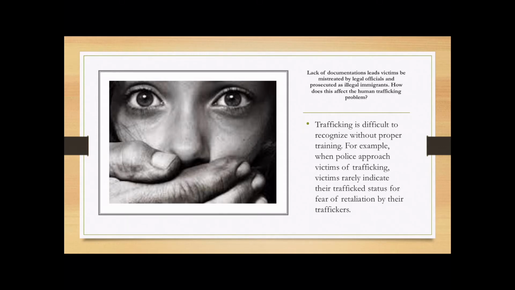Because local law enforcement officers are more familiar with their jurisdiction and are more likely to have personal connections with the community, they are more likely than federal law enforcement to be approached by witnesses of trafficking or to come in contact with trafficking victims.